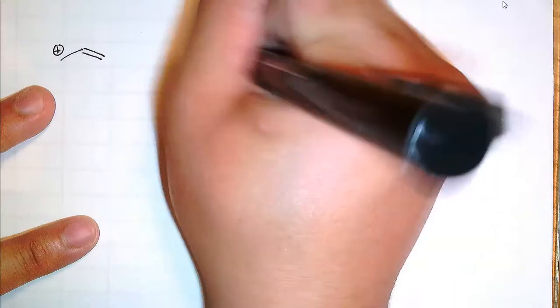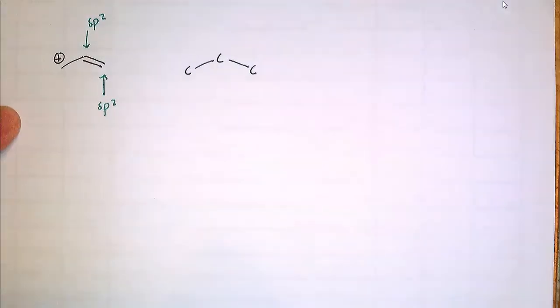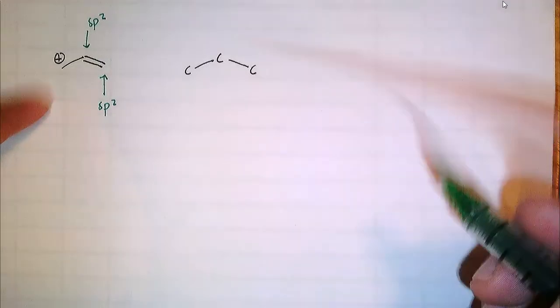Let me just show you, before I move on to another example, why do we have this resonance? It's really interesting, because if you think about the hybridization, you know that this carbon is sp2. And hopefully you know that carbocations are flat and sp2.